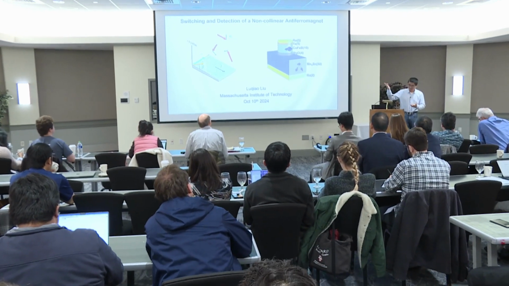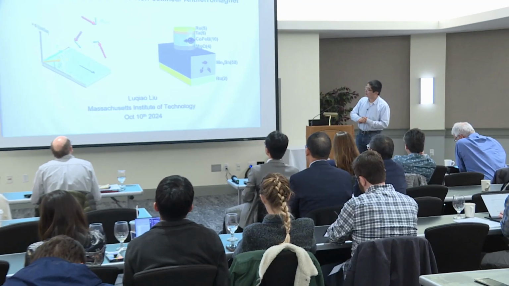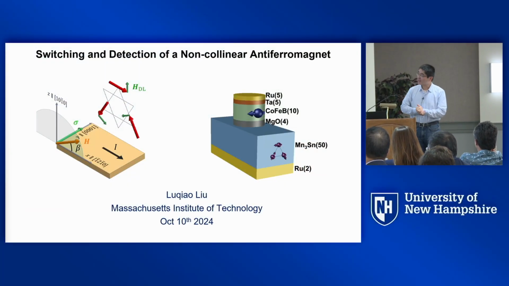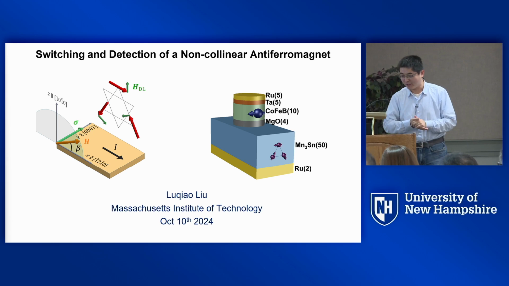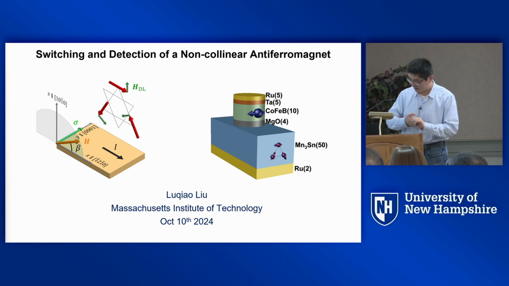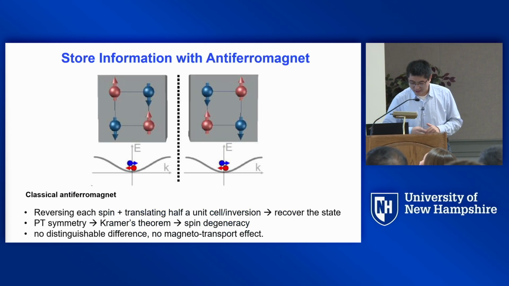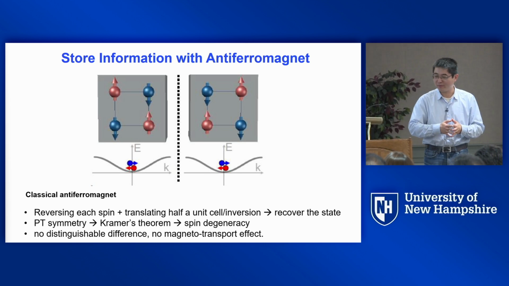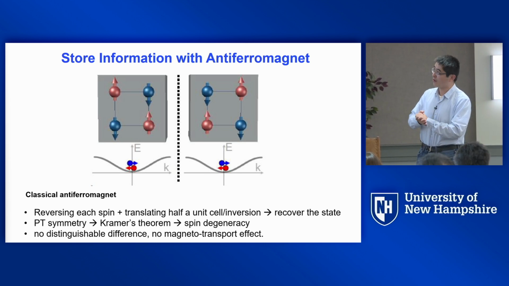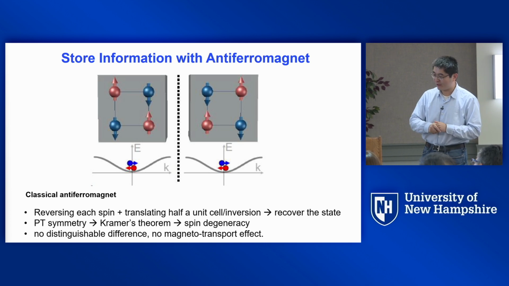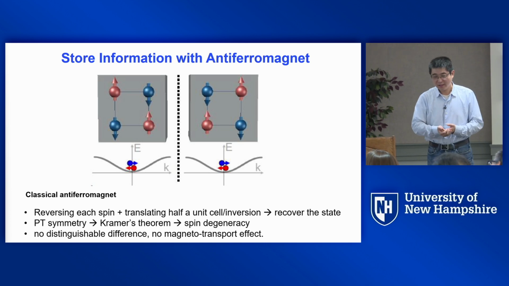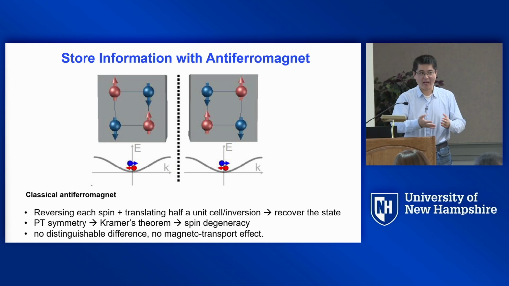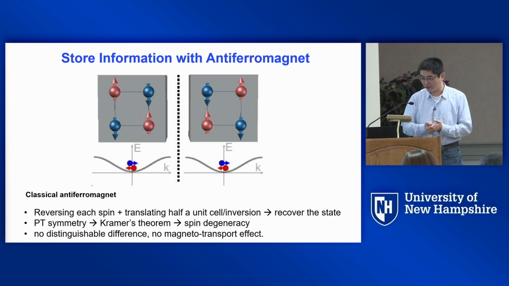So today I'm going to mostly focus on talking about manipulation and detection of spin ordering inside antiferromagnet, particularly a non-collinear antiferromagnet. First of all, if you work in magnetics, spintronics, you might notice that there is a strong interest these days to study antiferromagnet, trying to replace the ferromagnetic material with antiferromagnet component inside magnetic devices, spintronic devices.